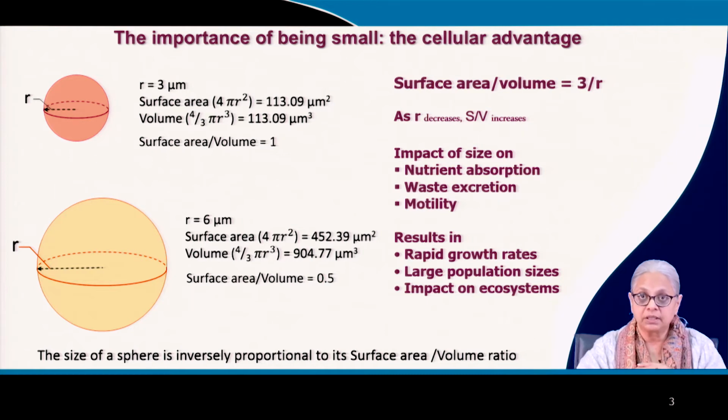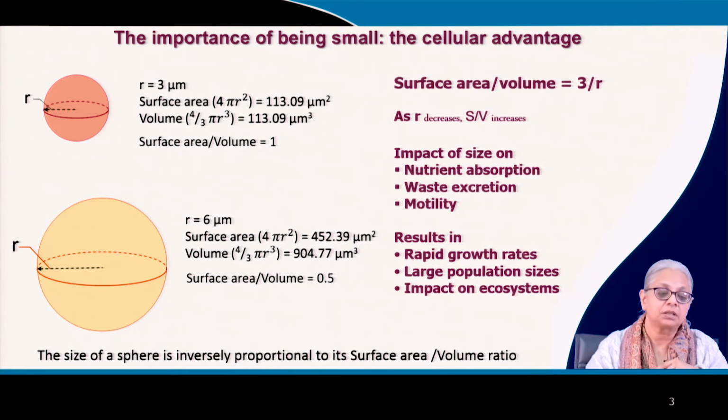And the bacteria, on the other hand, don't feed by ingestion. What we do is ingestion, and what the bacteria are doing is absorption, and absorption is a surface phenomenon. So the entire surface area is available for the bacteria to feed and get nutrients. So this surface area by volume ratio is crucial, and that is what determines the ability of the bacteria to get what it needs from the environment.